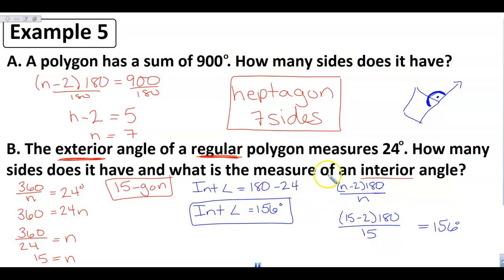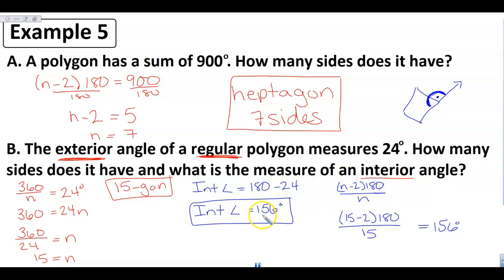It's not a problem. A lot of times, if they give you the interior angle, it's almost easier to find the exterior and just go from there with number of sides rather than going through this. So if I said I had an interior angle that was 156 degrees, what's my number of sides? Well, I could set this equal to 156, which is complicated.